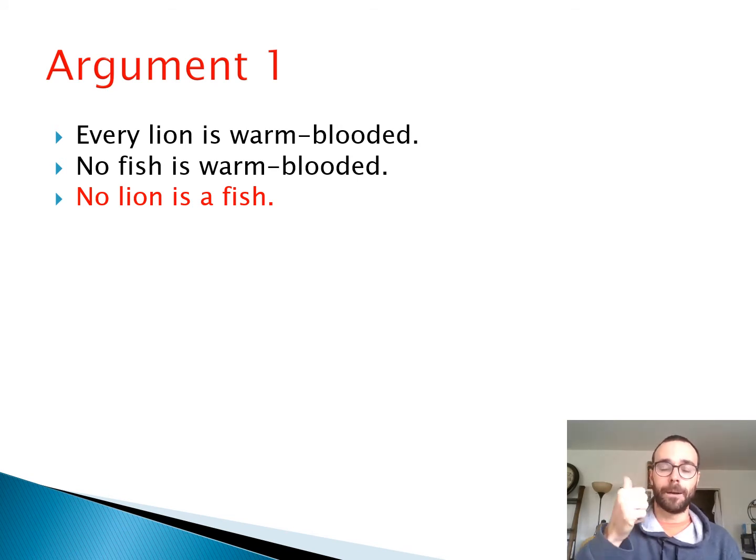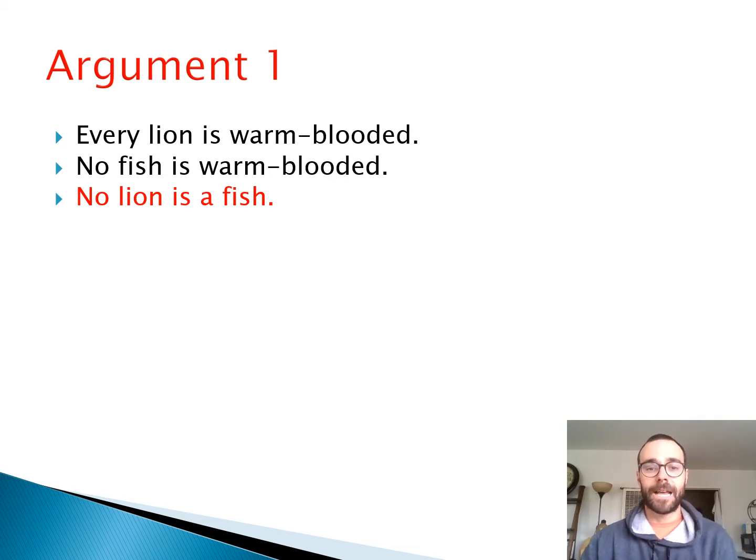So assign a letter to each predicate, rewrite the argument in standard form using those predicates, then symbolize the argument with a Venn diagram, and then lastly you're going to determine, is this a valid argument or an invalid argument. So here we have: every lion is warm-blooded, no fish is warm-blooded, therefore no lion is a fish. Again, pause the video now and work through this on your own.